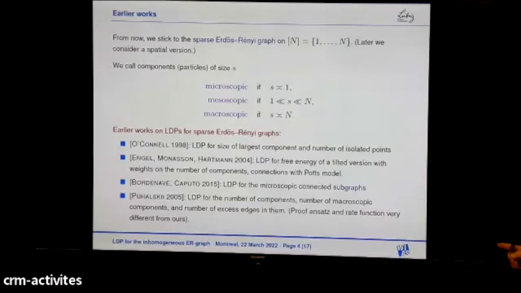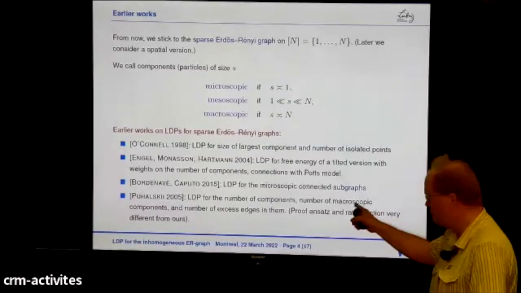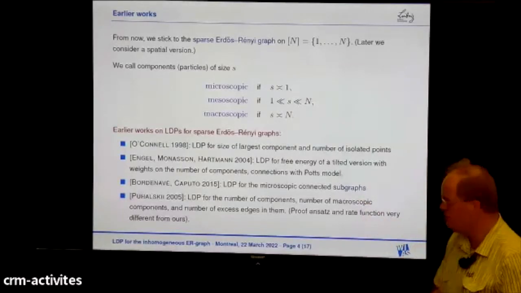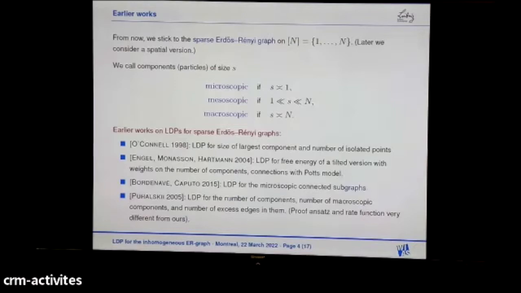So this is for me the first time that the macroscopic components have been looked at, and the number of excess edges inside them. So the structure inside the macroscopic component, as it concerns only the edges that you have additionally to those which make it connected. This is enormously different from what we are going to do.